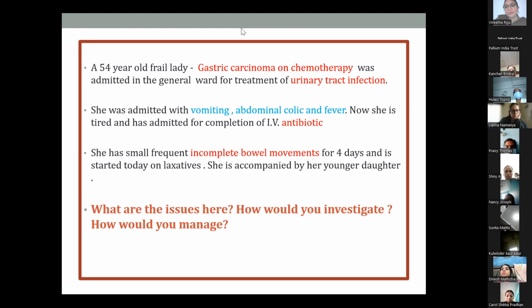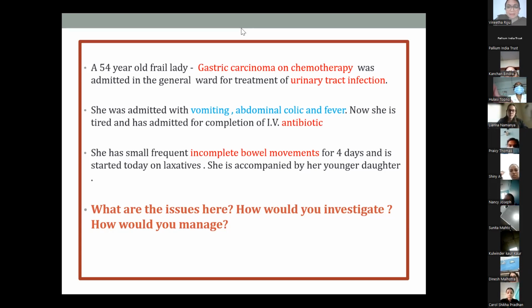What is the reason for the vomiting over here? Yes? Reasons for the vomiting? Quick one. It can be the antibiotic, the chemical induced. Nancy also says the chemotherapy probably caused it.